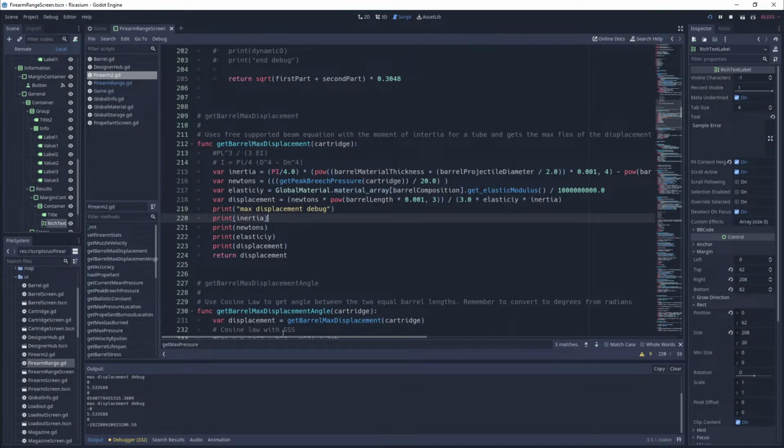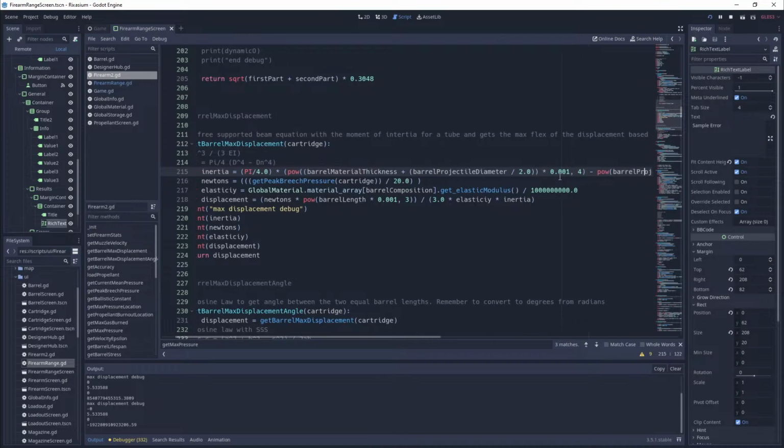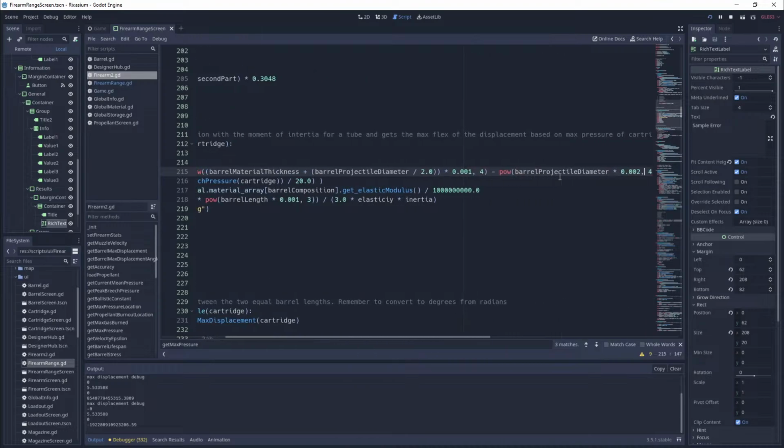Why is it negative? Why is it negative? This is not supposed to be negative. What in the world is happening?